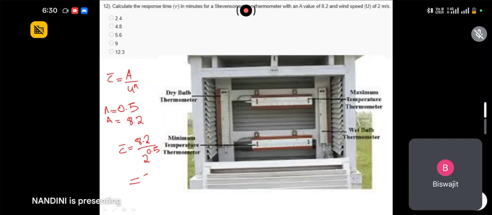Wind speed will be in meter per second, and the equation gives you the response time in minutes. It depends on the unit of A and N as well. Yeah, the answer will be 5.6.